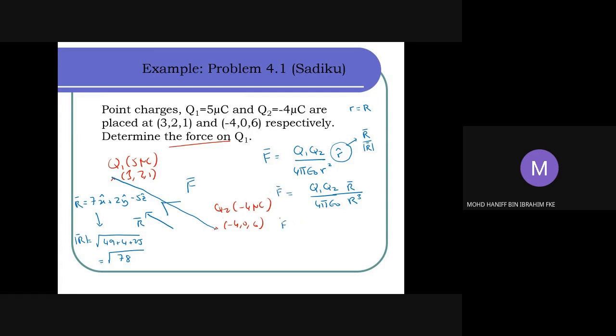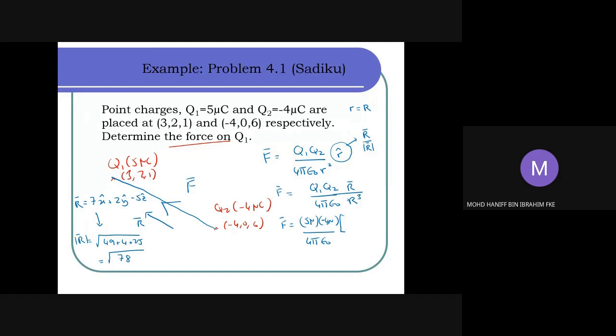So we have then F should be 5 microcoulomb multiplied by 4 microcoulomb, which are the magnitudes for Q1 and Q2, with a negative sign there for Q2, divided by 4 pi epsilon naught.